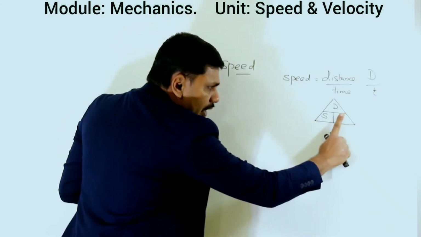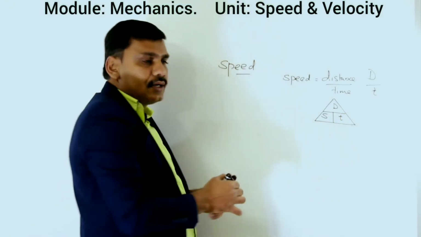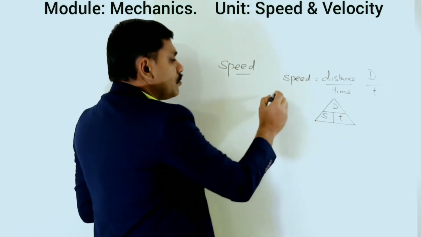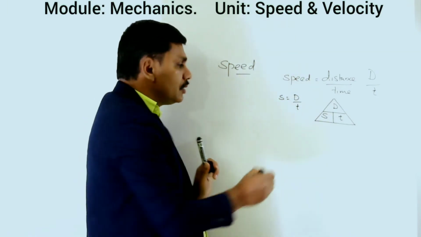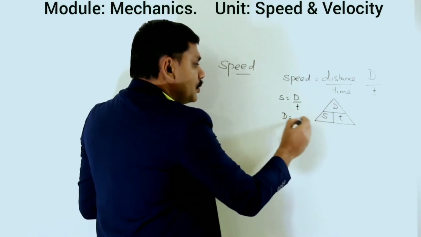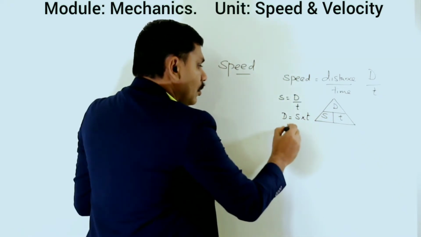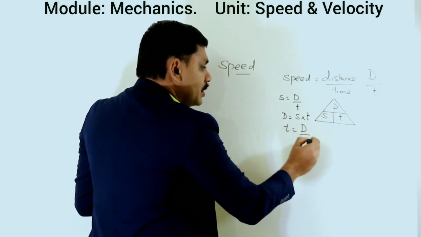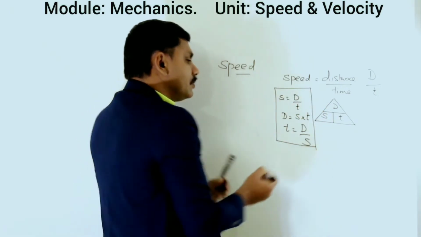In order to calculate time, you hide t, that is distance by speed. So which are the equations? Speed equals distance by time, or distance equals speed multiplied by time, or time equals distance by speed. These are the three equations.